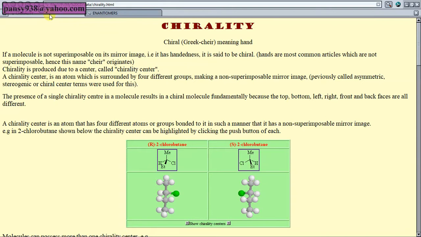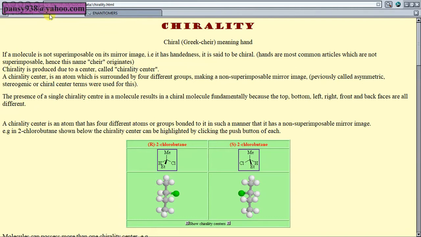Chirality is actually produced due to a special character of the molecule, called the chirality center. The chirality center is the atom which is surrounded by four different groups, making a non-superimposable mirror image.